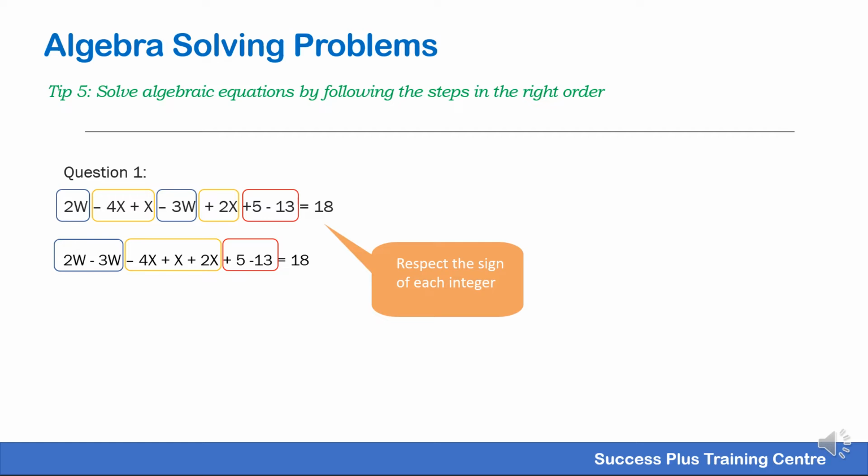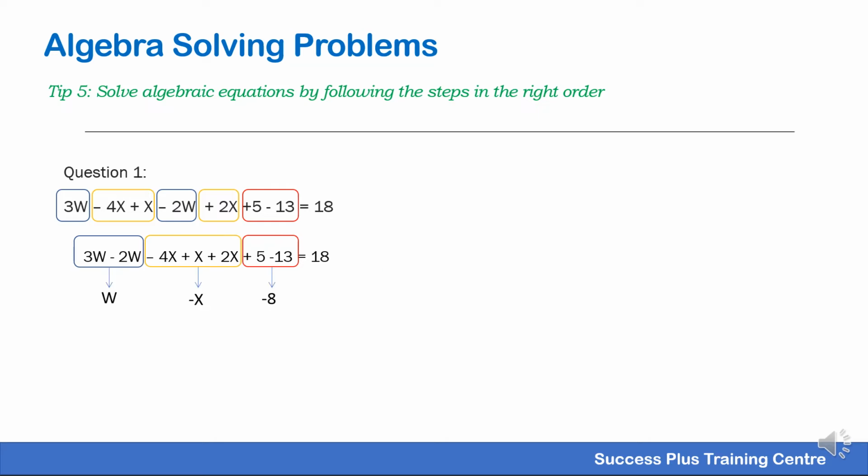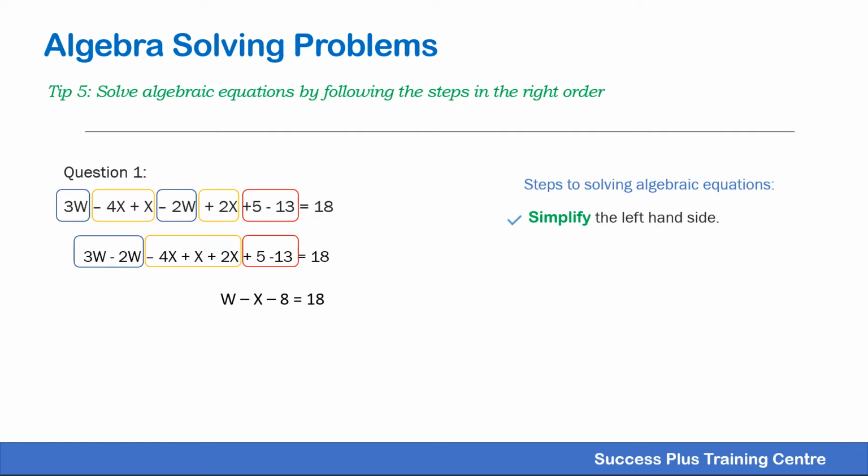Make sure that you respect the sign of each one of those numbers or integers. 2w take away 3w equals minus w, minus 4x plus 2x equals minus 2x, plus 5 minus 13 equals minus 8. So after simplifying, the equation would look like w take away x take away 8 equals 18. Now the simplification is complete. We need to move on to the next step to solve algebraic equations.